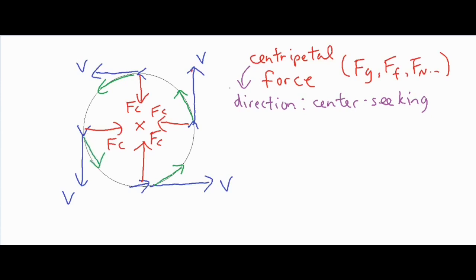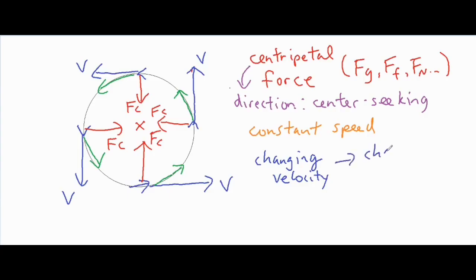So when you're going around a circular path, as I mentioned before, if you're talking about uniform circular motion, then you have a constant speed but a changing velocity. Oftentimes people think you need to change velocity by increasing or decreasing the magnitude of that number, but not necessarily, as long as you are changing the direction.